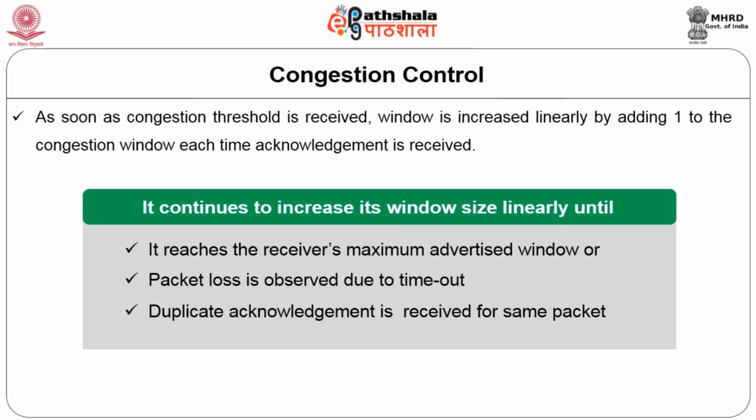So what we have seen till now is how slow start works. The window size is set to 1. A packet is sent with this window size. When an acknowledgement arrives, the sender increases the congestion window by 1. So now 2 packets would be sent.